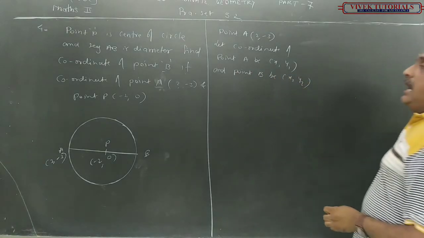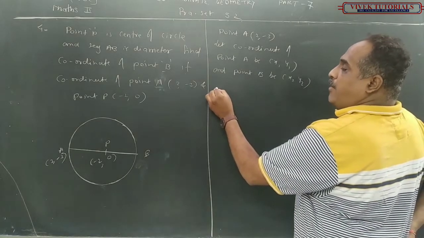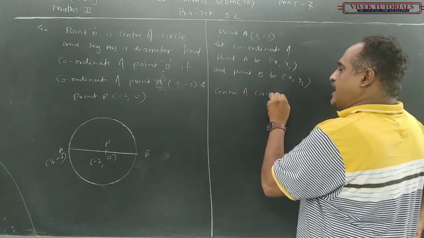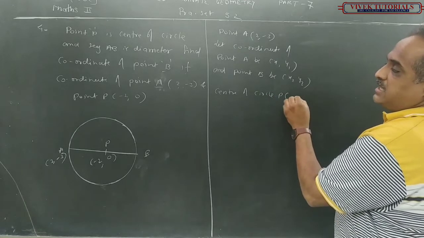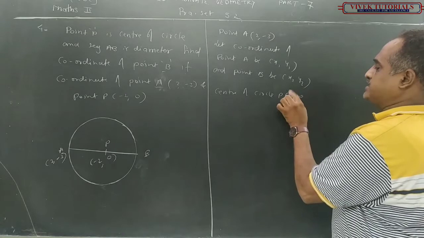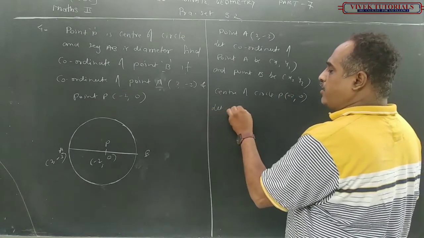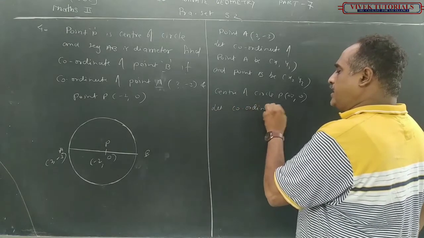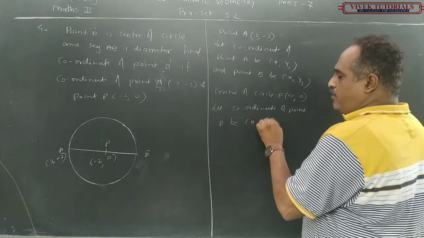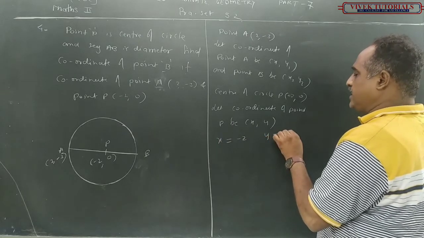The center of the circle P is (-2, 0). Let the coordinates of point P be x, y, and we know that x is equal to -2 and y is equal to 0.